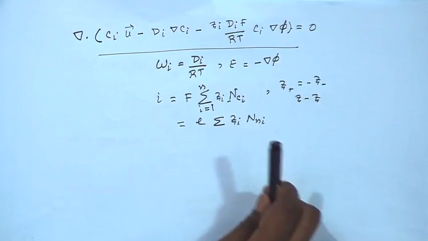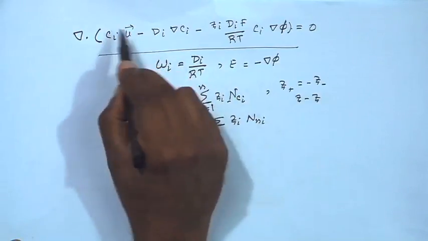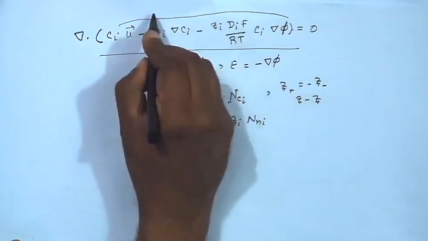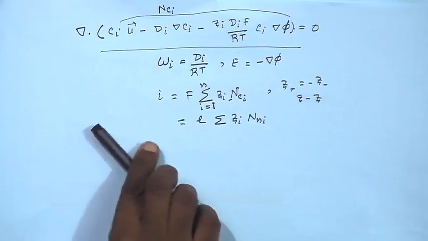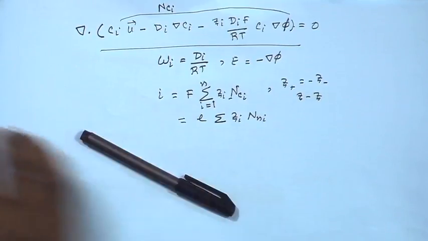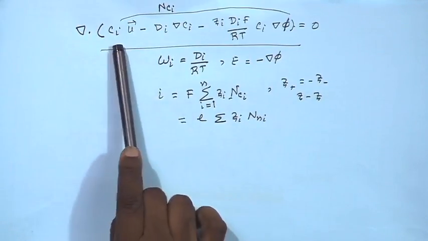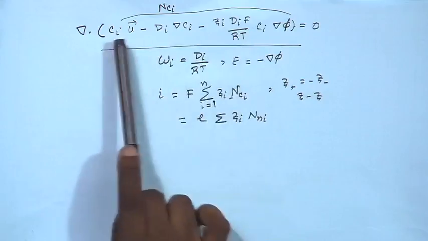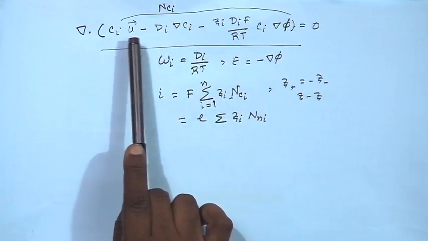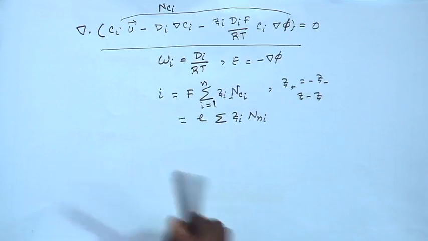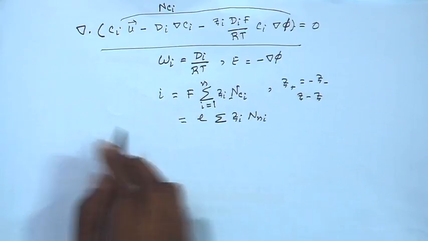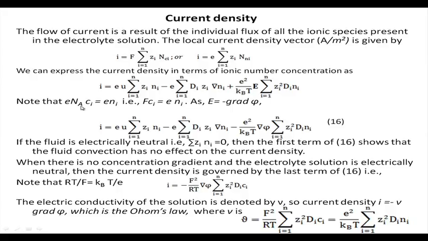Now, we substitute the relation for the N_i. If I multiply with E, basically C_i and N_i are governed this way.